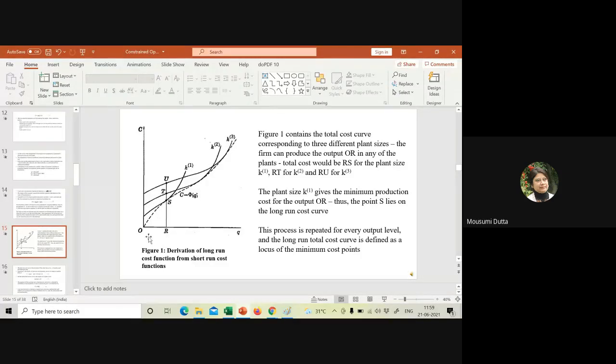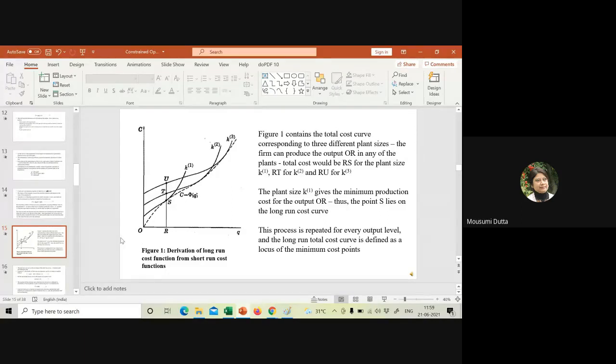However, if I like to produce the same amount using the second plant size, the cost will be given by the perpendicular dropped from T to the vertical axis. Finally, if I use the third plant, the cost will be RU. So to produce OR, if I use plant 1, my cost will be RS. If I use the second plant, it will be RT. And if I use the third plant, it will be RU.